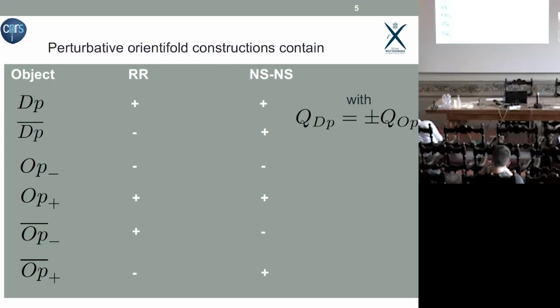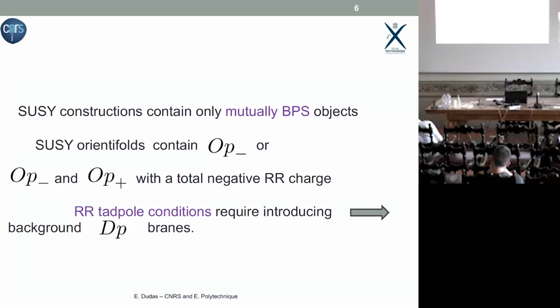So in supersymmetric constructions, which were pioneered by Augusto with the Rome group, with Massimo, with Gianfranco, later on Carlo, the late Yassen, and other people, Davide also, I think, the SUSY constructions contain only mutually BPS objects, for example, branes and either O- or O+.